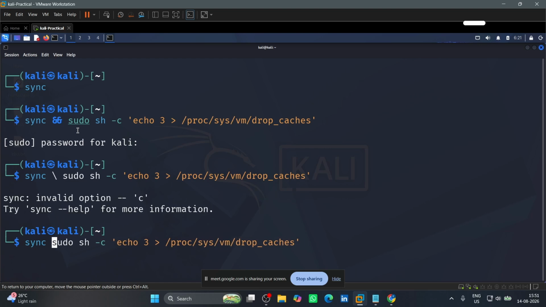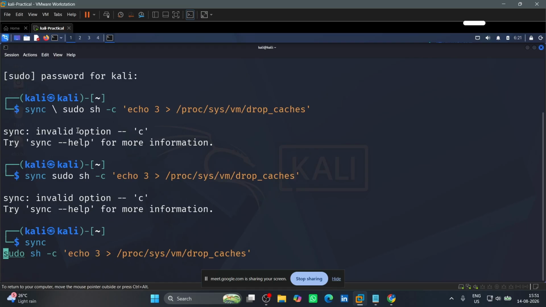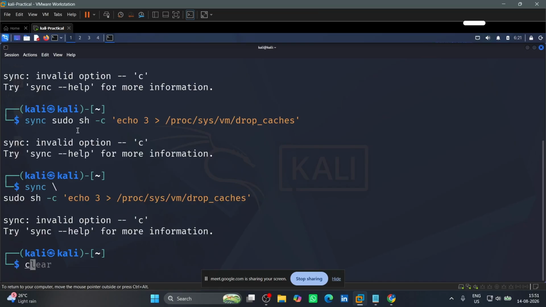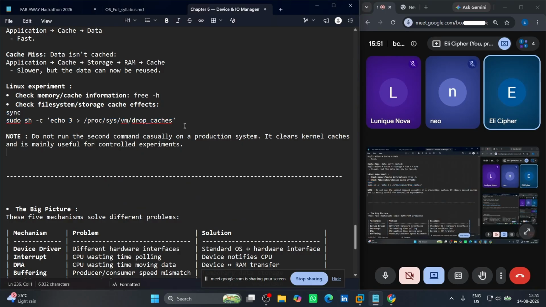I don't know why it isn't running right now. I will first troubleshoot this problem that I am facing.